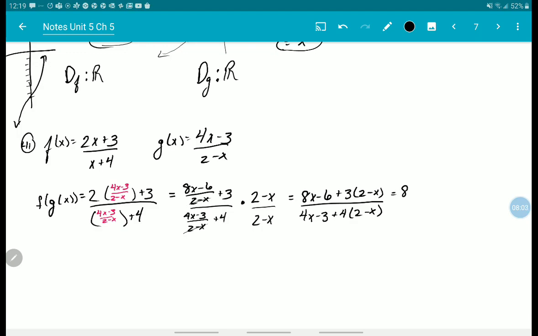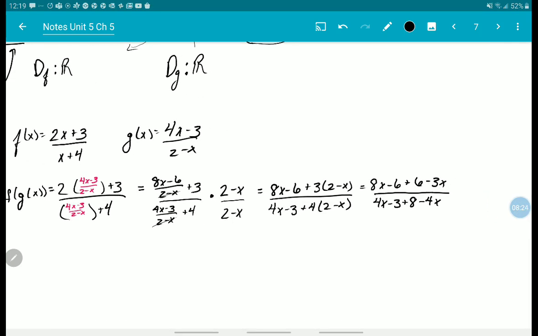So we have 8x minus 6 plus 6 minus 3x over 4x minus 3 plus 8 minus 4x. I'm going to simplify.